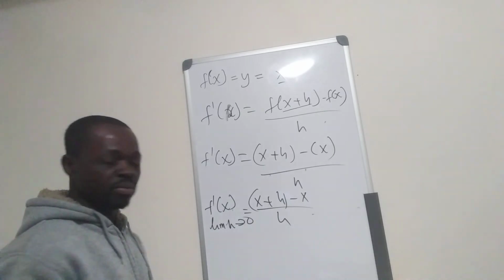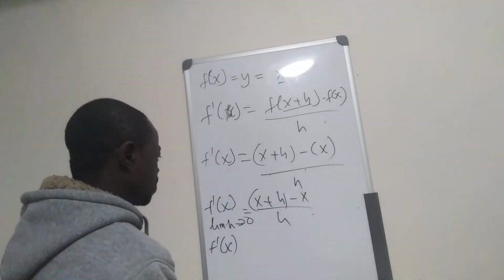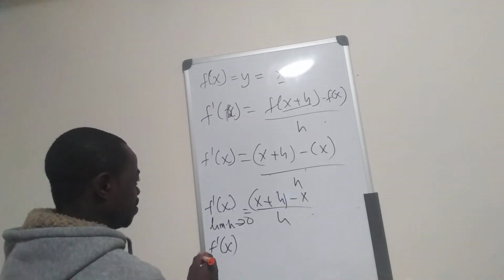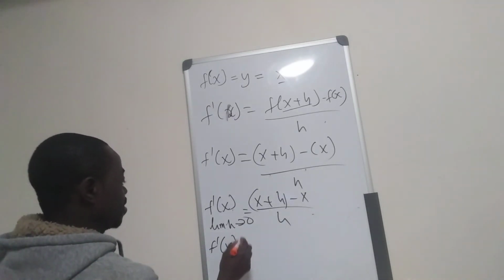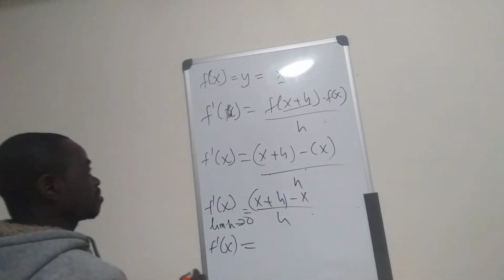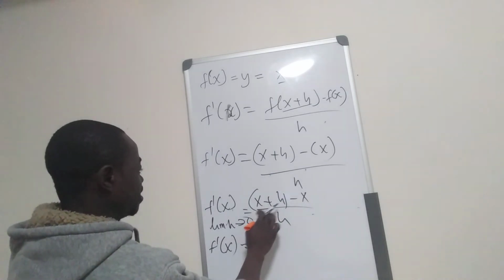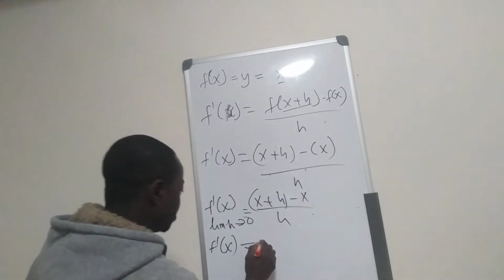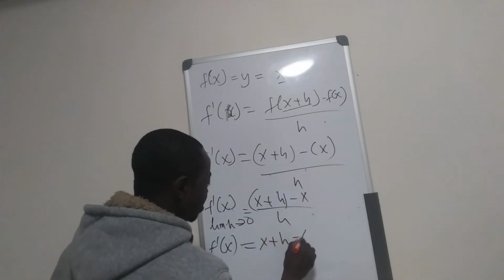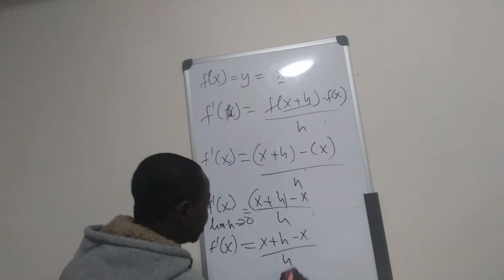So let's, if you open brackets, so you have f prime of x is equal to x plus h minus x and all over h.